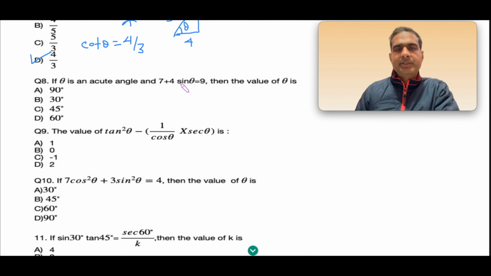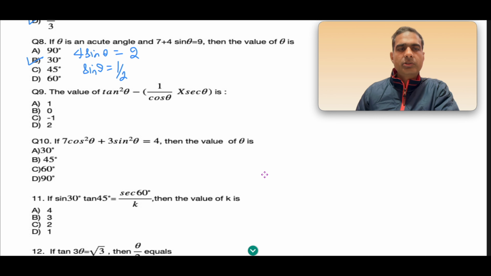So from here, shifting 7 to the right hand side, we got 4 sine theta is equal to 9 minus 7, that is 2. Dividing by 4 on both sides, we got sine theta is equal to 2 by 4, that is 1 by 2. And we know sine is 1 by 2 at theta is equal to 30 degrees. So option B will be our answer.